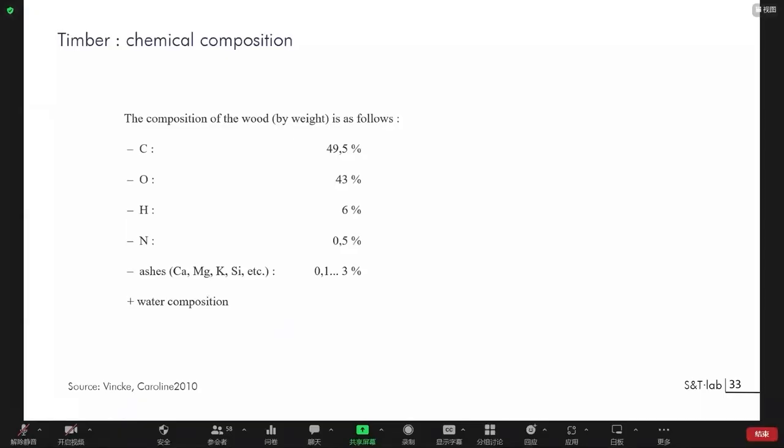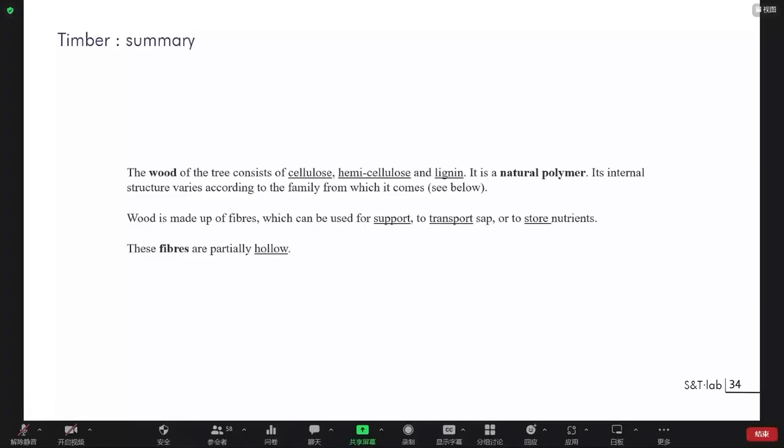What is to be put forward also is that you have H2O appearing as water composition, but also water that will be more or less free in the timber, and that will represent a true problem.